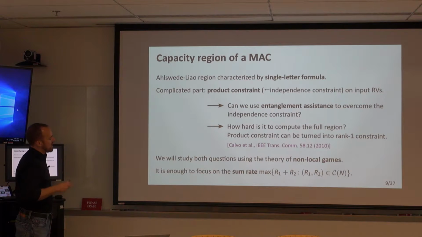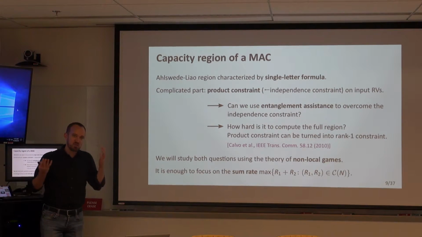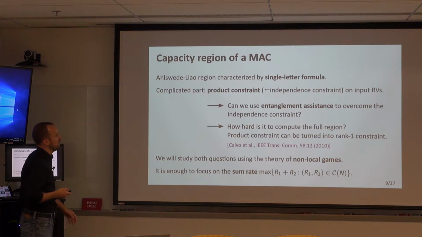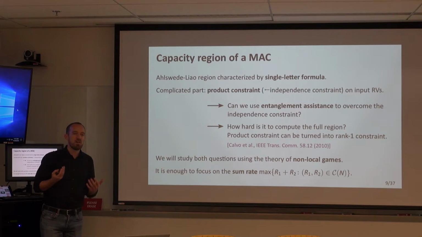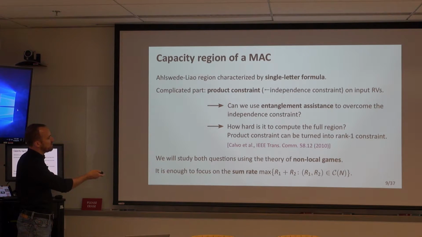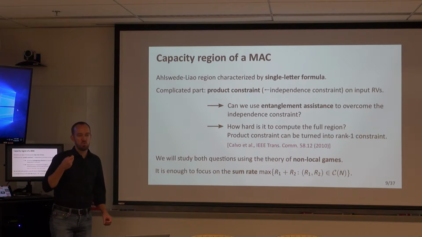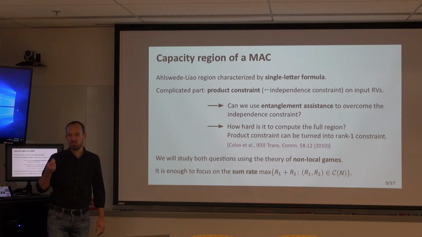And now this product constraint complication leads to two very natural questions. The first one is, can I use entanglement to overcome this independence constraint? And the second one is, since this is a non-convex optimization problem, how hard is it to actually compute this full region? It was noted in a recent work by classical information theorists that the product constraint can be very easily turned into a rank 1 constraint optimization problem.